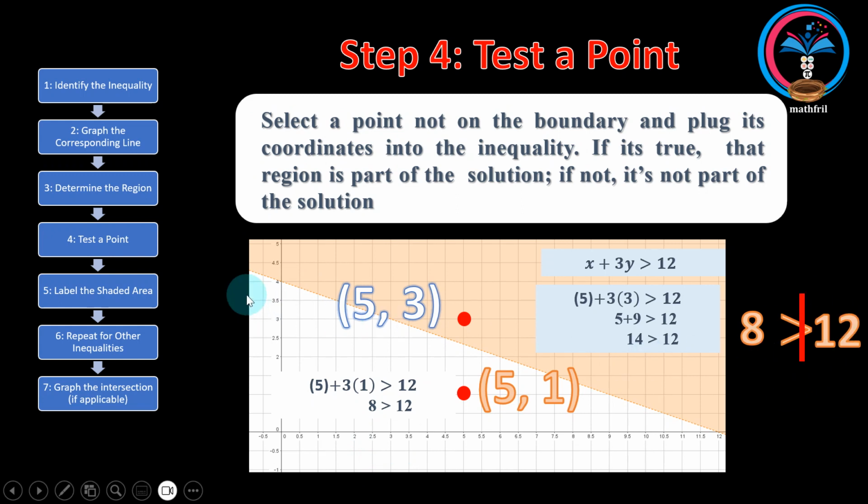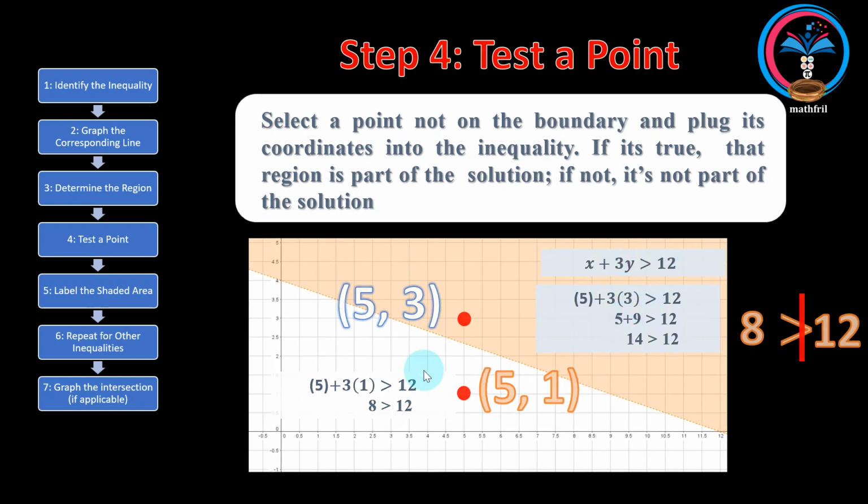That's why it's not included in the shaded area. (5, 3) does satisfy the inequality given here, x plus 3y greater than 12. As long as it satisfies, it is true that 14 is greater than 12, so it is part of the solution. And if it does not satisfy, it should not be included in the shaded region, like (5, 1), specifically on x plus 3y greater than 12.